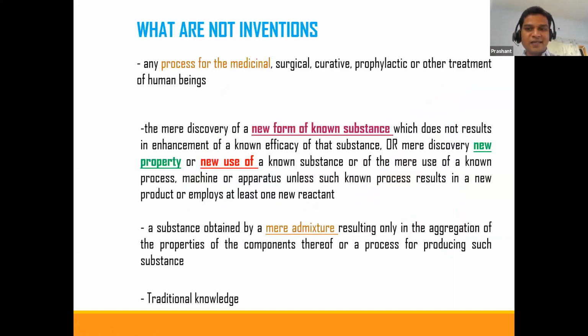This is the last step before you go for filing a patent application. You should have a clear-cut idea about what is patentable and what is not patentable in India. Any process related to medical, surgical, curative, prophylactic, or treatment of human beings or animals is not considered an invention.